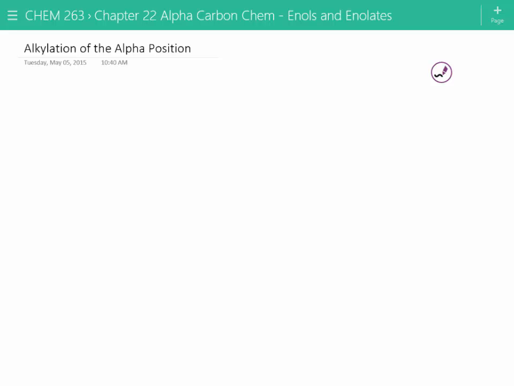And the overall mechanism is very straightforward. If you have a ketone, and in this case I'm just picking cyclohexanone, you can treat it with a base.